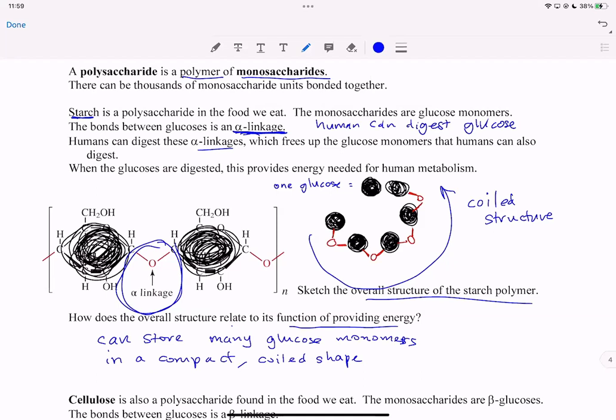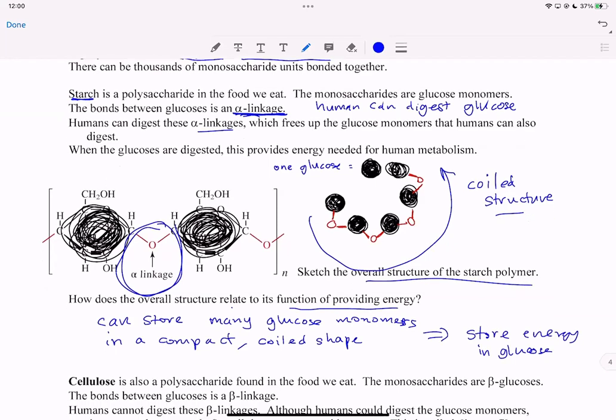If you've ever packed your clothes in a luggage, when you roll up your clothes, that's really a great way to compactly store things, as opposed to other methods. And so this is a great way to store energy. That's the goal, to store energy in those glucose. So if the goal is to store energy compactly, then this overall coiled structure is the best way to do that.